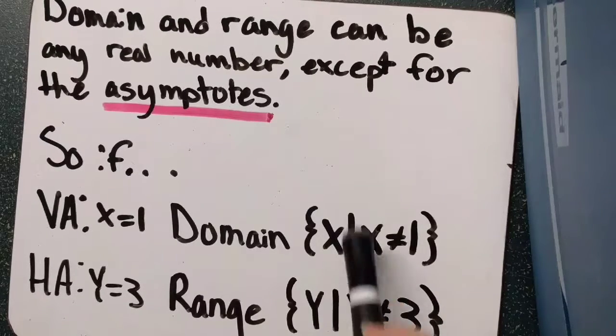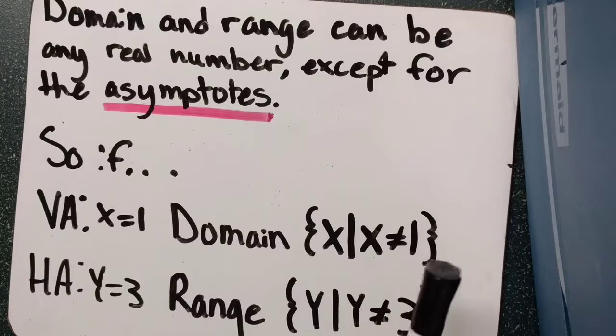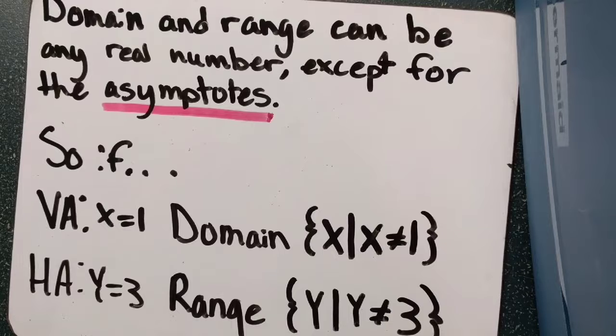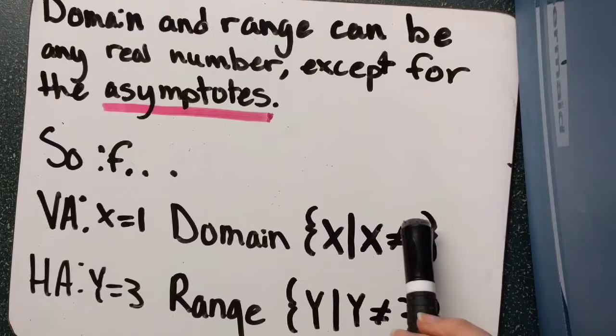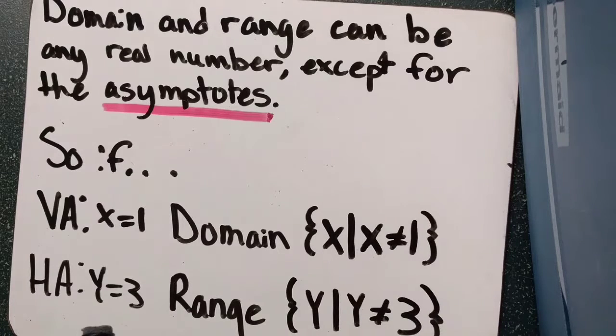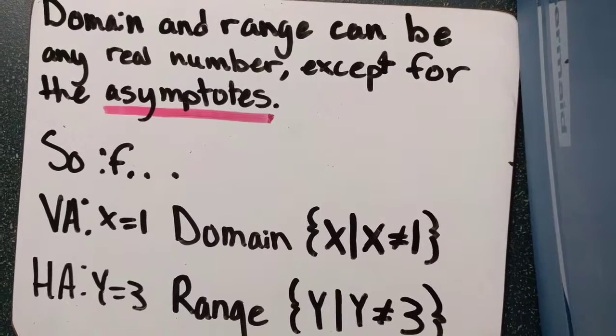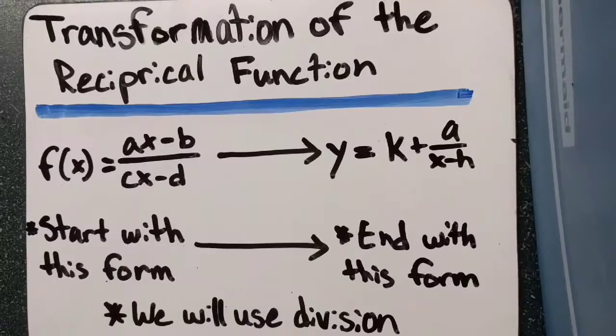For our range, we're going to have these brackets again, but we're going to have y such that y cannot equal 3, because our horizontal asymptote is y equals 3. So our domain is x such that x cannot equal 1, and our range is y such that y cannot equal 3. To find the domain and range, just remember that we use our vertical asymptote and horizontal asymptote. Make sure that this is in your notes.